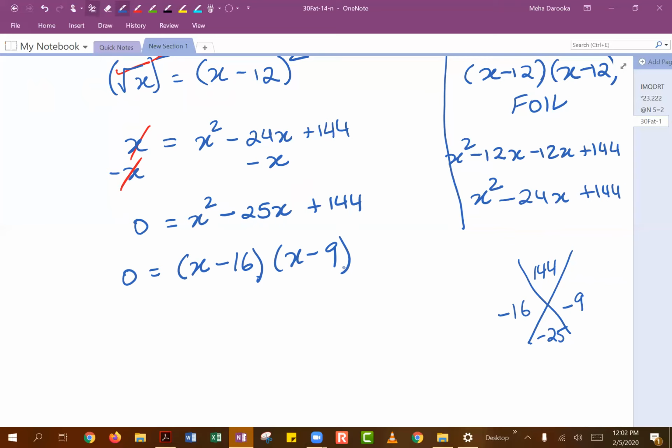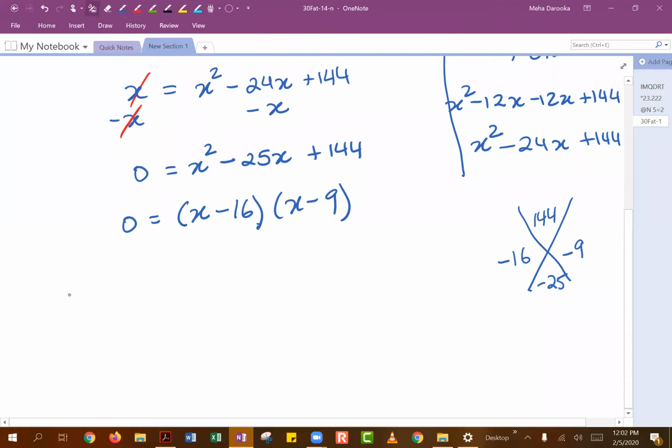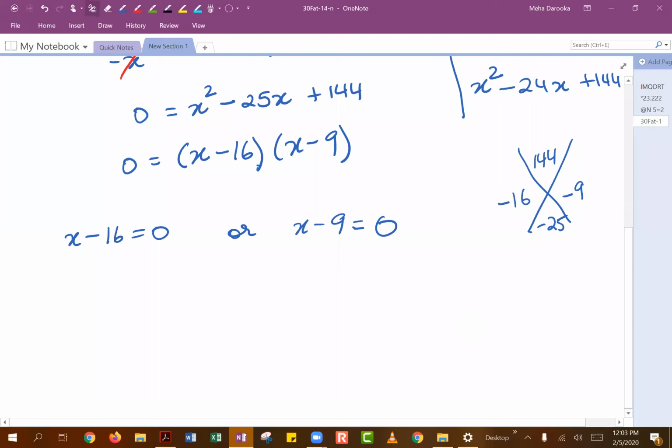And of course, you're back to the zero factor property, right? Take each factor, set it equal to 0, and those two numbers will be?